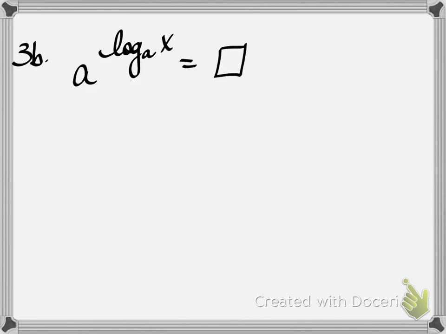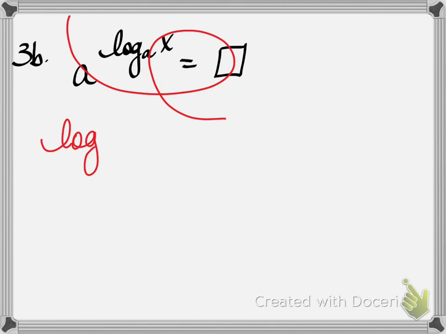Property 3 has a b part. It is a to the log base a of x is equal to something. Well, when you look at this problem, it's got a logarithm in it, but it's not a logarithm question. It's an exponential question. I've got a base raised to a power. So when I want to do the swoop to rewrite this, this is an exponential, so I'm going to rewrite it as a logarithm.